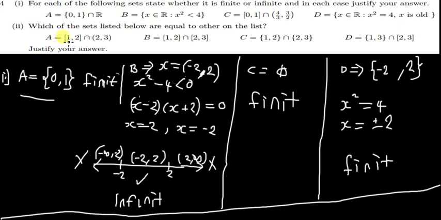So we have A is equal to (1, 2) intersection (2, 3). Here we are trying to find the intersection set between these two sets. Oh sorry, it's not 2, it's an empty set, because this set is starting from 1 ending at 2, and this one is starting from 2 to 3, but 2 is not part of the set.